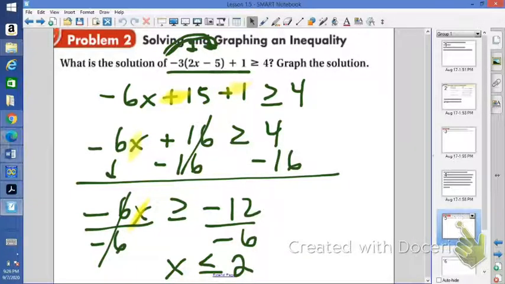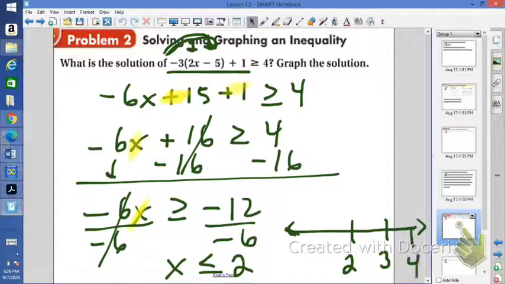So all numbers less than or equal to 2 will satisfy the inequality above. And we're going to represent that with a graph. Alright, we'll put positive 2 here, positive 3, positive 4.